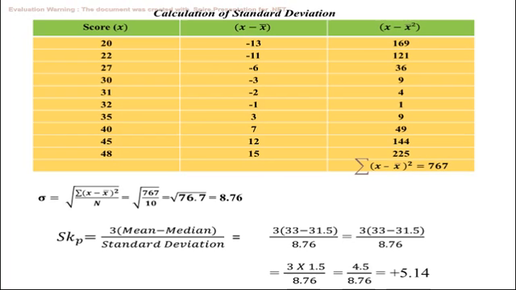Now we have calculated all the values: mean is equal to 33, median is equal to 31.5, standard deviation is equal to 8.76. Putting these values in the formula for Karl Pearson's coefficient of skewness, that is 3 into (mean minus median) divided by standard deviation, it comes out to be 5.14.